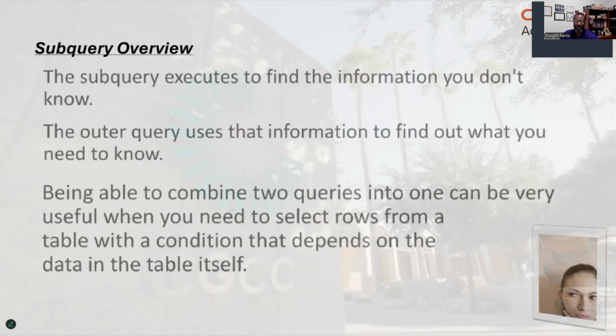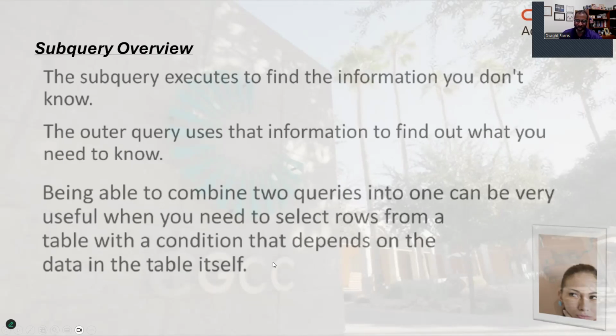So the subquery executes to find the information you don't know. All right, so the outer query uses that information to find out what you need to know. So here's this don't know, need to know. I apologize if this seems like I'm going around in circles, but understanding the relationship between your main query or outer query and your inner query is important.